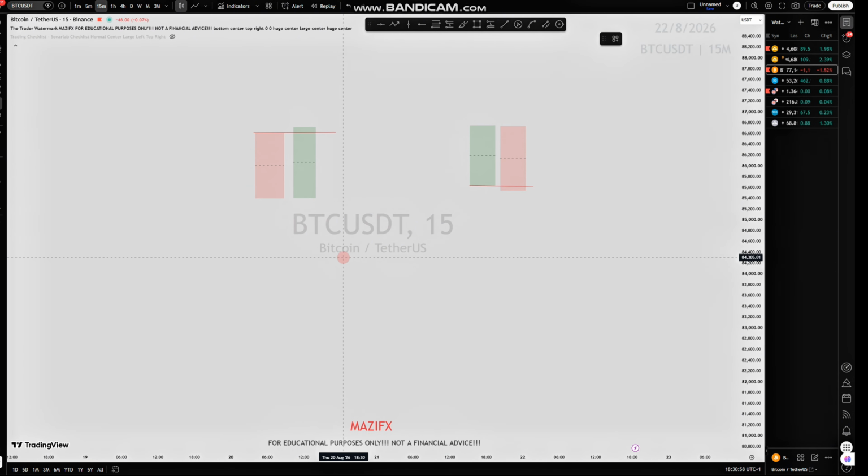Let me type it here. Bullish engulfing. I hope I got the spelling correct. Then this one is bearish engulfing.